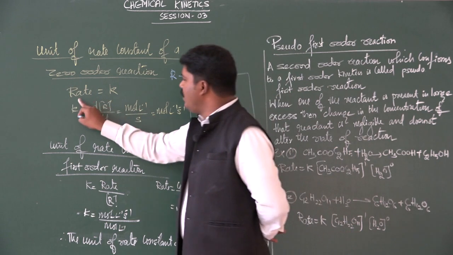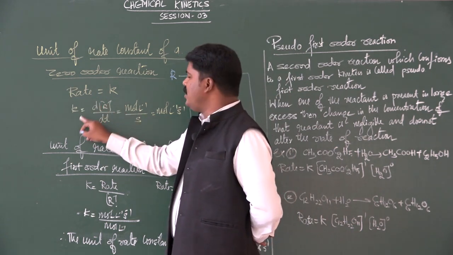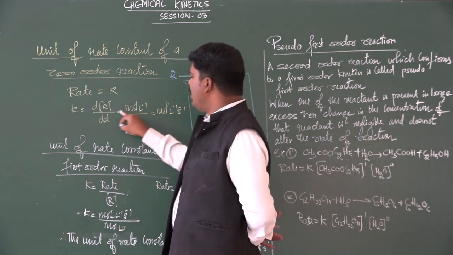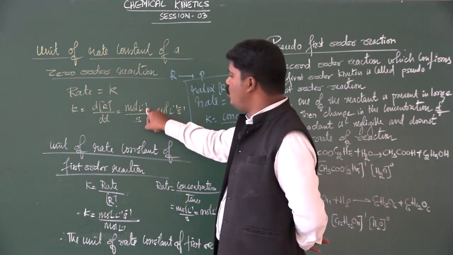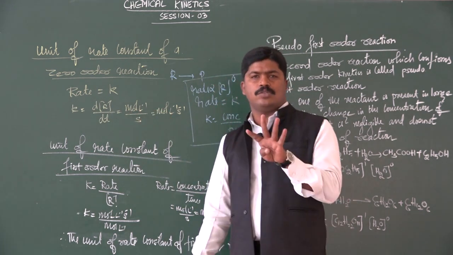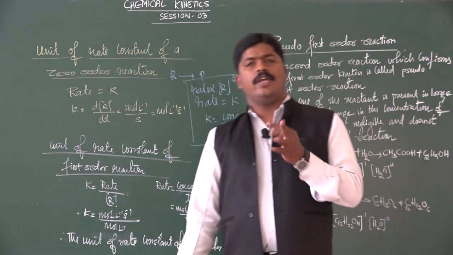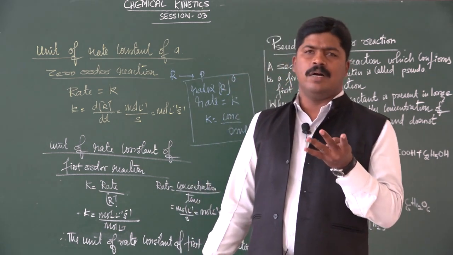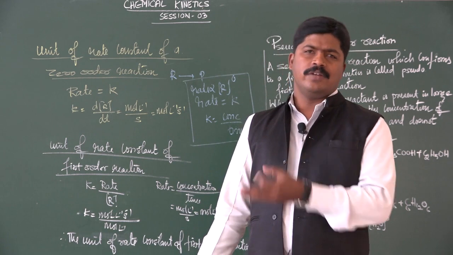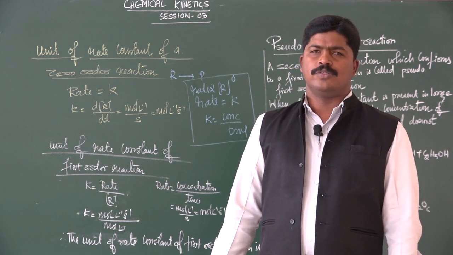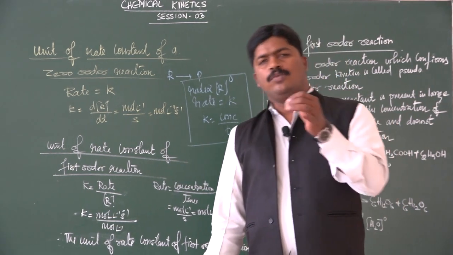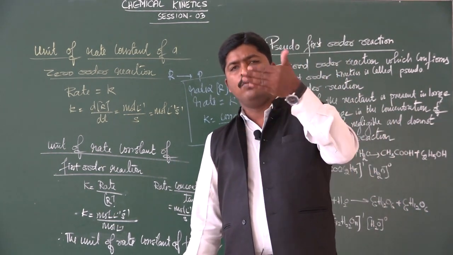See here, rate is equal to k, k is equal to dr by dt. What is R? R is concentration, concentration is always mole per liter. I told you molarity. There are 4 ways to explain the concentration: molarity, molality, mass percent, mole fraction. And we are discussing molarity. What is molarity? Number of moles of a solute dissolved in volume of solution in liter, therefore mole per liter.